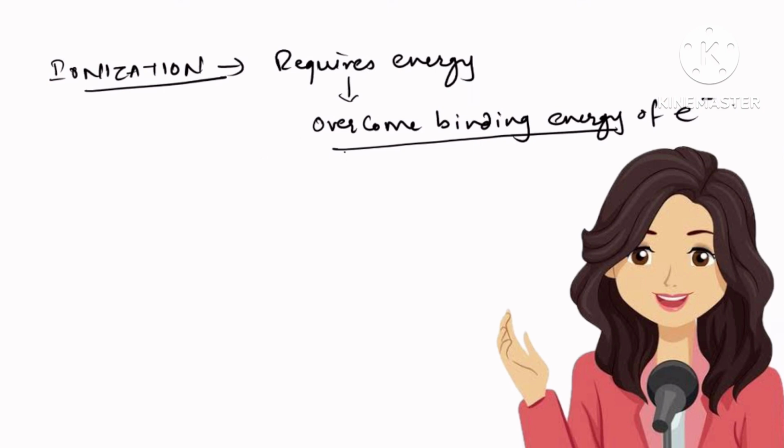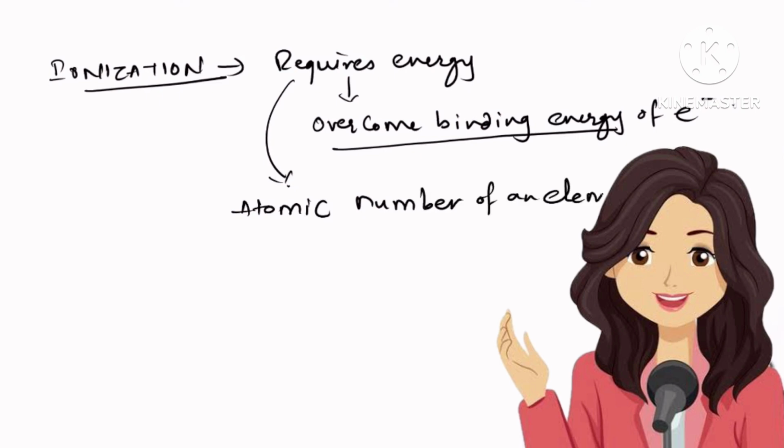And this depends on the atomic number of an element. Now, what is atomic number? Atomic number equals the number of protons. The more protons, the more tightly it will bind the electrons.